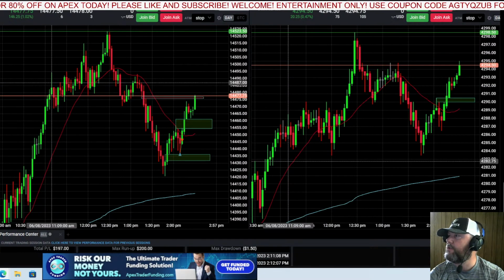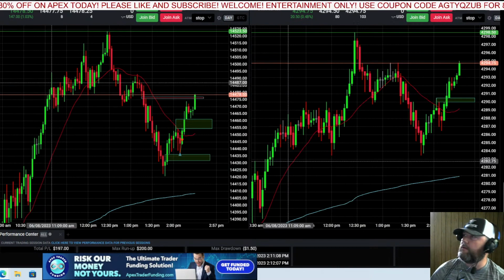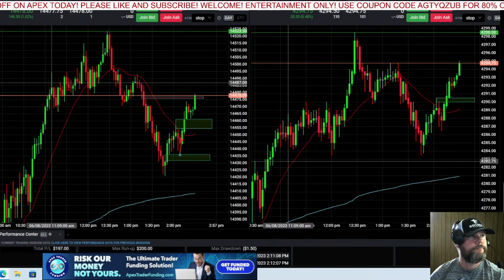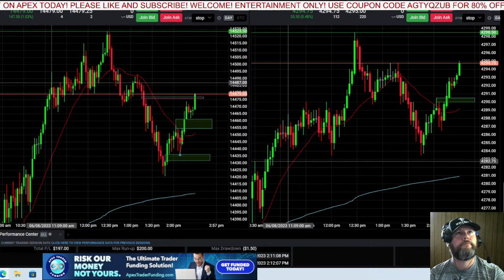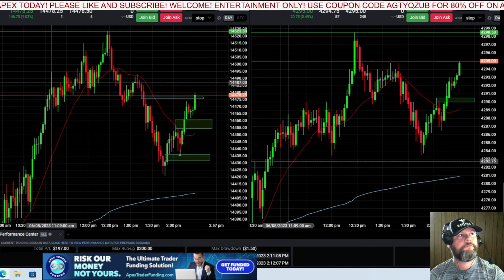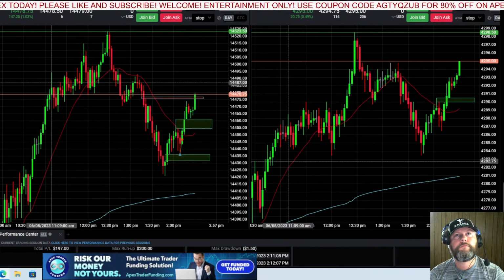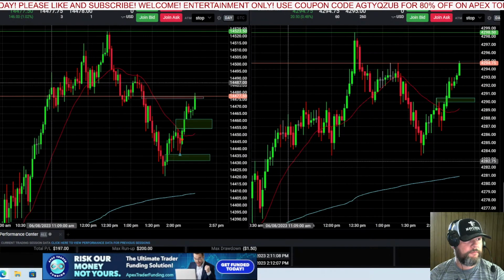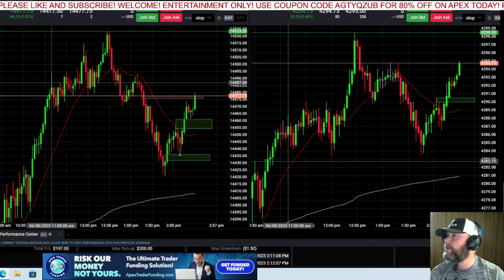All right, purge these equal highs there. Let's see if that brings it back down. Looks like ES is approaching a pivot at the 42.96 level, so something to be aware of there.